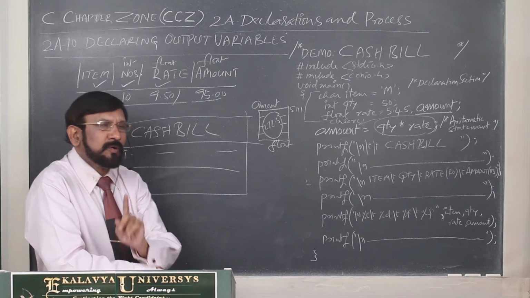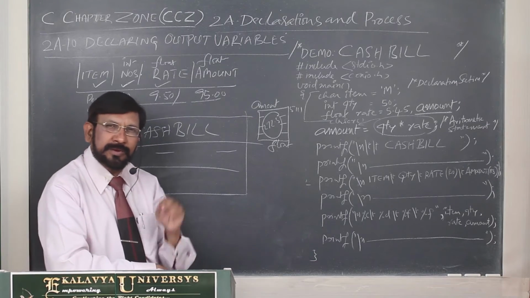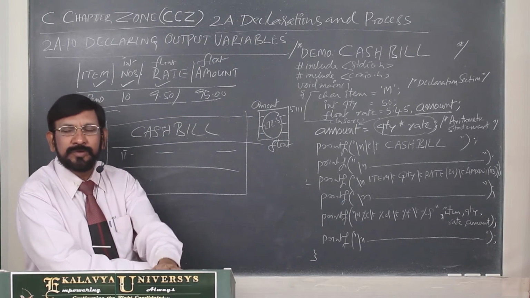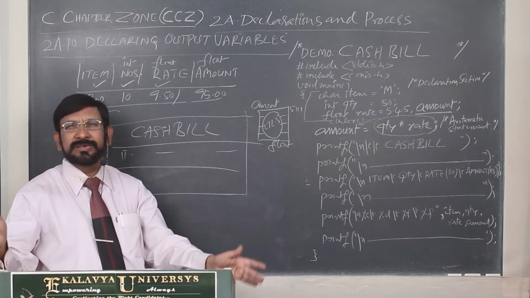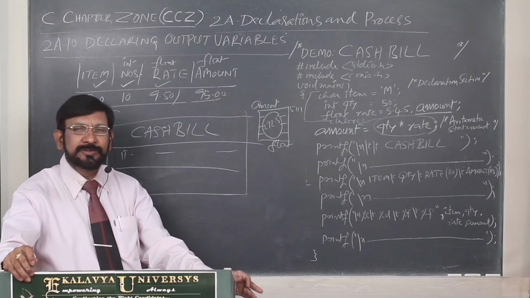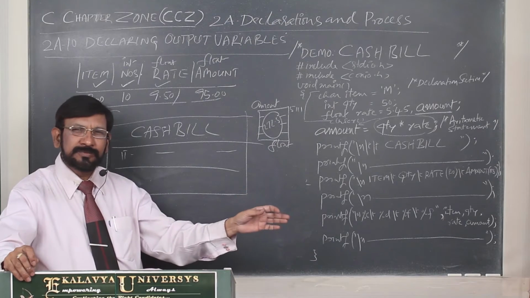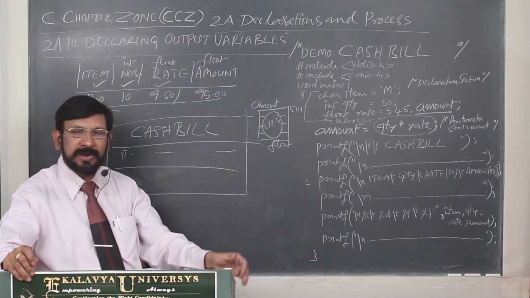Understand? Without mental work, that means without design, if you go for implementation, a lot of chaos will be there and it leads to a lot of confusion, and you may commit several errors.